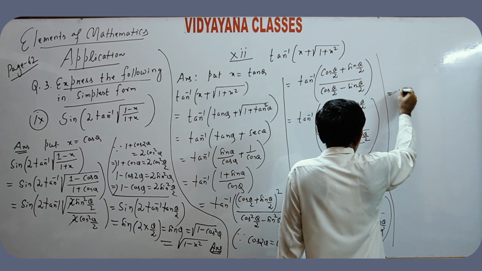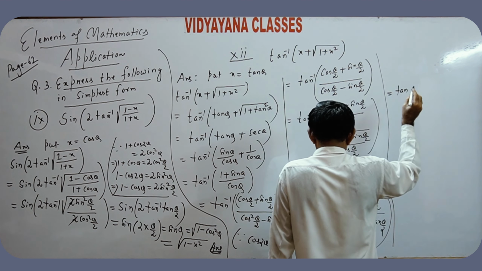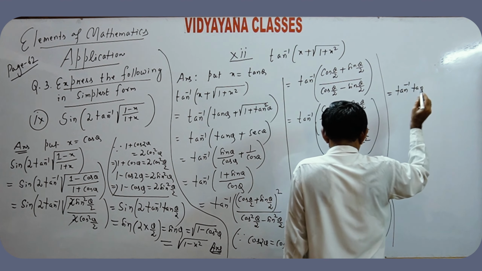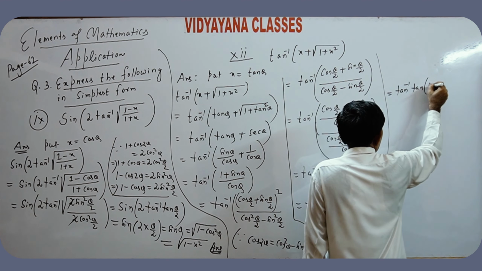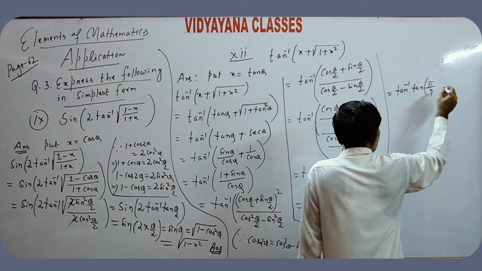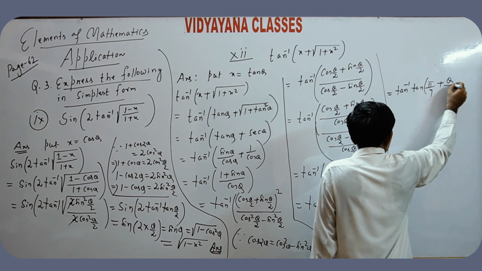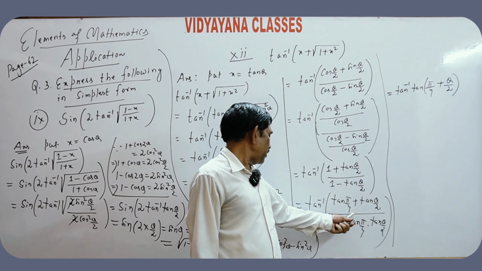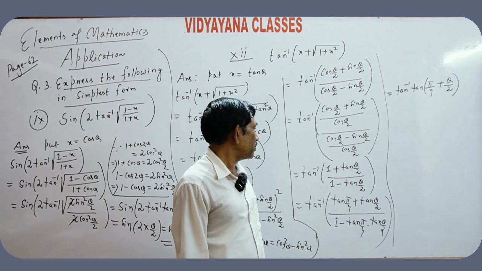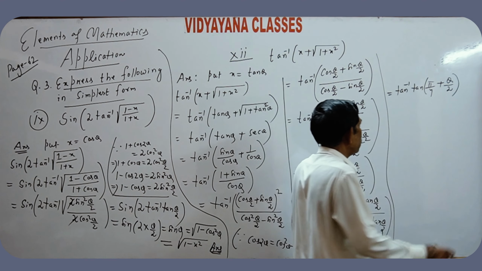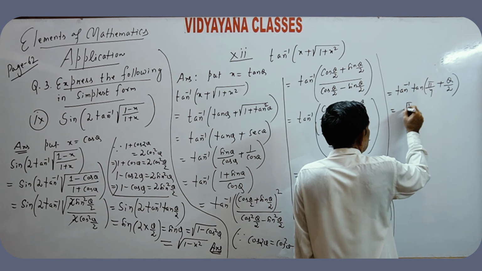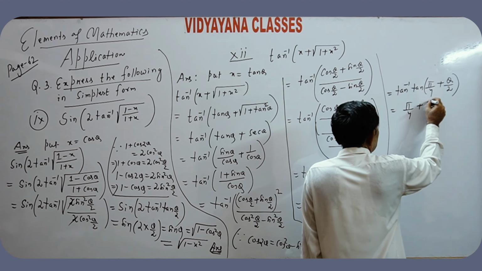Which is same as tan inverse of tan of pi by 4 plus theta by 2. This can be written as tan pi by 4 plus theta by 2, tan a plus b. Tan inverse tan theta is equal to theta, that means pi by 4 plus theta by 2.